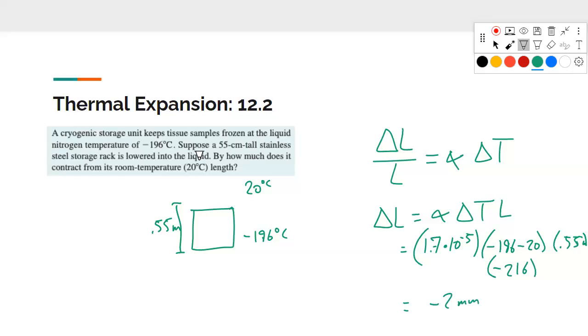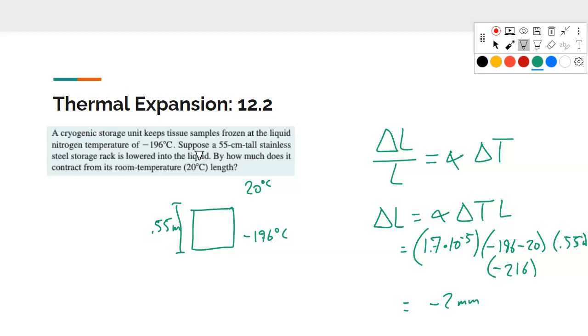For a half meter rack, which is pretty big, even with this dramatic temperature change, because the overall length is not super big relative to a bridge or something, the actual contraction is relatively small.